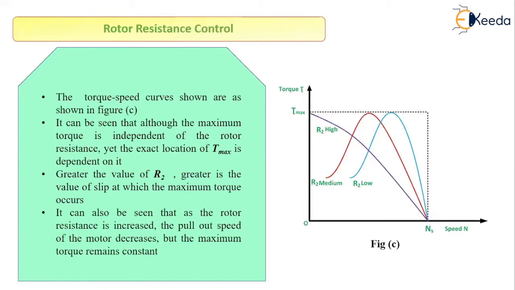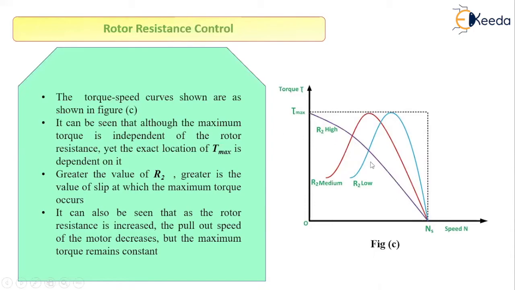Also it can be seen that as the rotor resistance goes on increasing, the speed of the motor goes on decreasing. See here, at this point, the value of resistance is low, speed is synchronous speed, that is the highest speed. Then the value of resistance has increased from low to medium, speed goes on decreasing. Then we have the highest value, speed is 0.